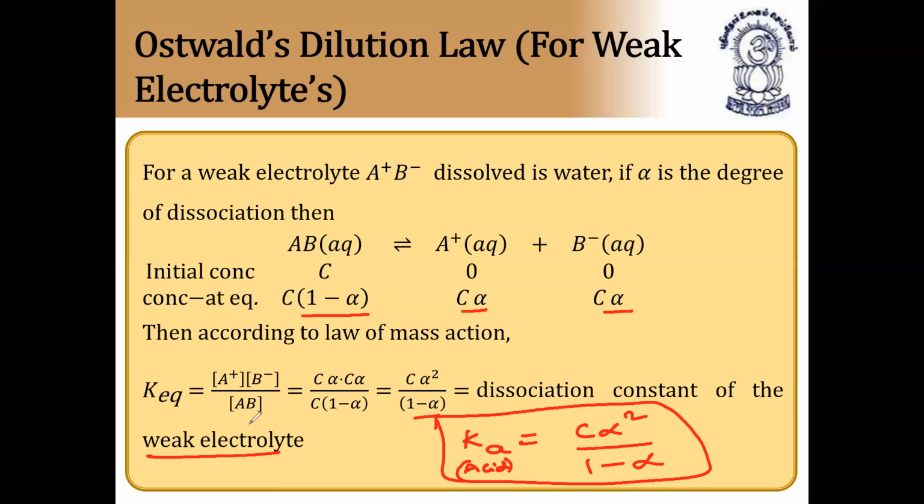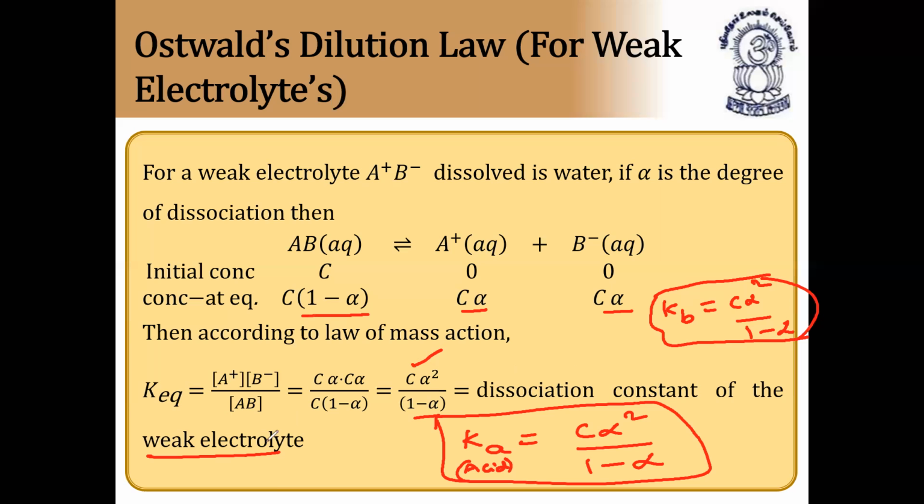Or K equivalent value, or you can say Kb value. In case of acid, it is Ka, and in case of base, it is Kb. Kb is also equal to C alpha square by 1 minus alpha. This is called the dissociation constant of base. Please note down, this is the formula for finding the dissociation constant of a weak electrolyte.